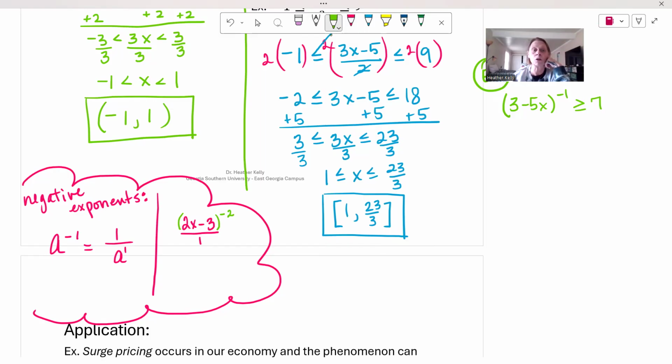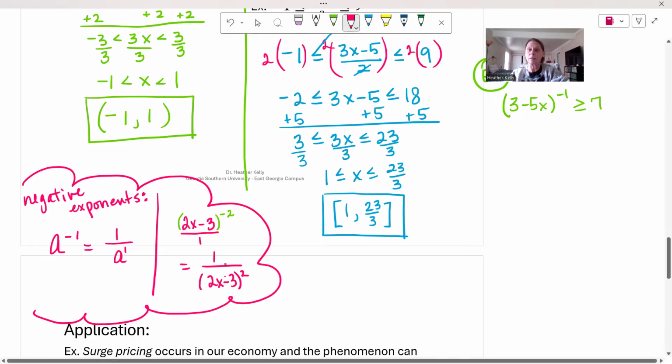I'm going to say -2. Then that negative exponent means that you change positions in the fraction. So this is now equal to 1 over 2x minus 3 squared on the bottom. So that's what the negative exponent does.